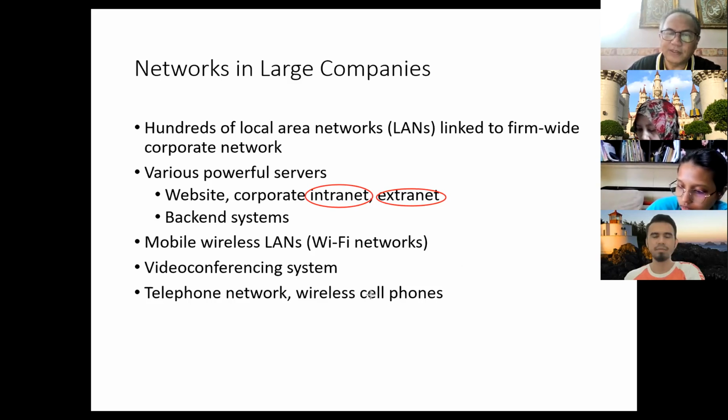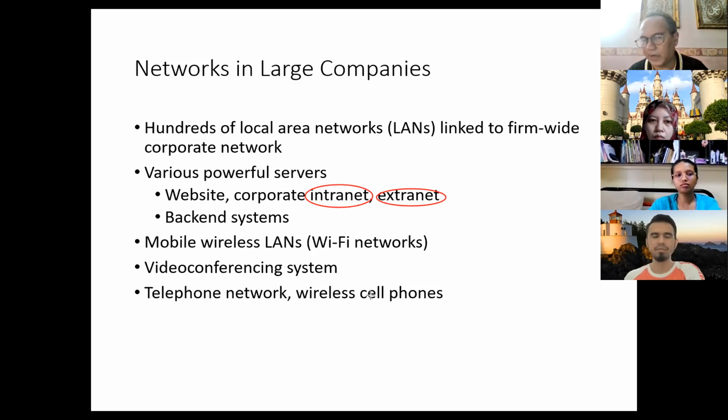Yeah, so we have website. In the website we have internet. Internet is the general internet, and then we have intranet within the organization. Sometimes each different unit has its own intranet, and then extranet is where you cater for your vendor, where you cater for your agent, your sales agent, so they have access to your system.